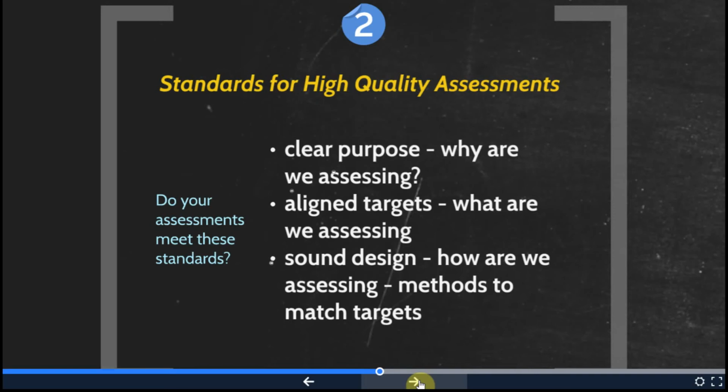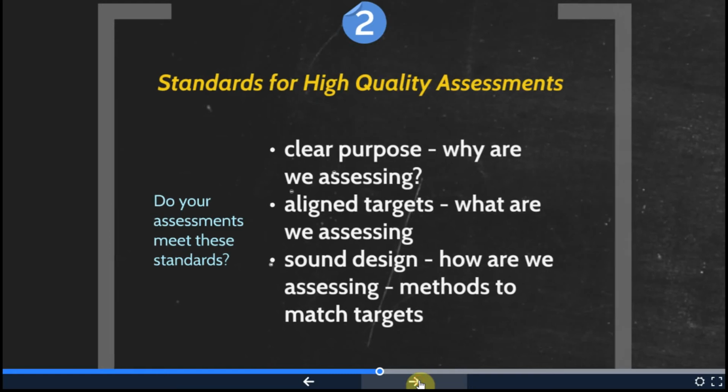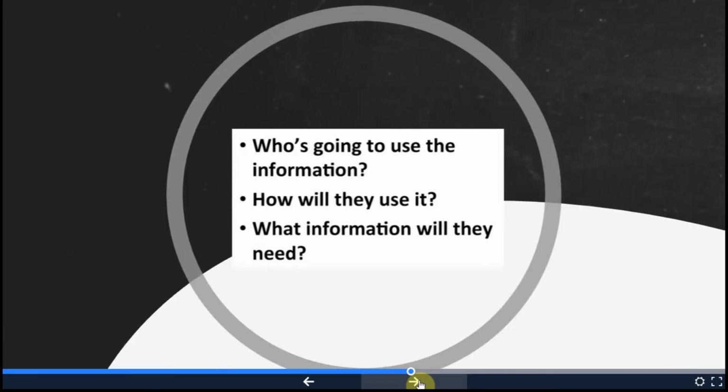So when we want to do that, there's some things that we need to think about in the process of creating high quality assessments. First of all, we need to make sure that we're thinking about what's the purpose of this assessment that I'm creating or going to use when you sit down to write it or you decide to give it to students. And so we have to ask ourselves the question, why are we assessing?